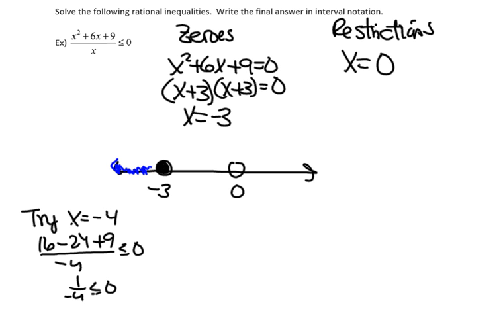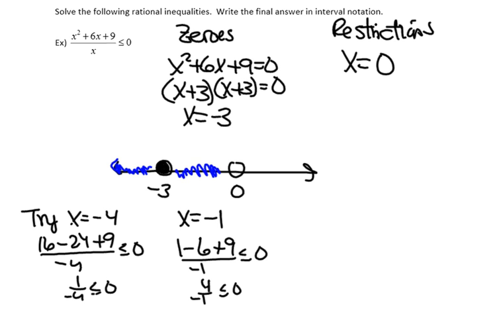Okay, second interval. Let's try -1. So that's 9 plus 1 is 10 minus 6. That's 4 divided by -1. That is also less than or equal to 0. Okay.